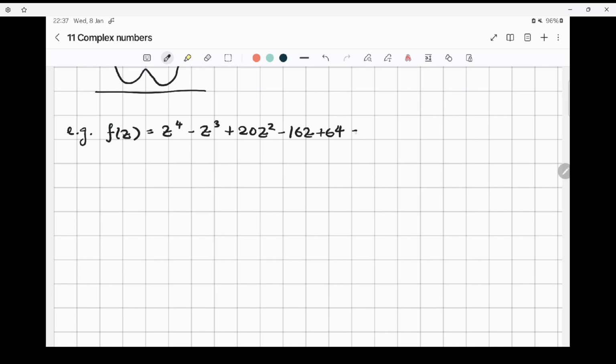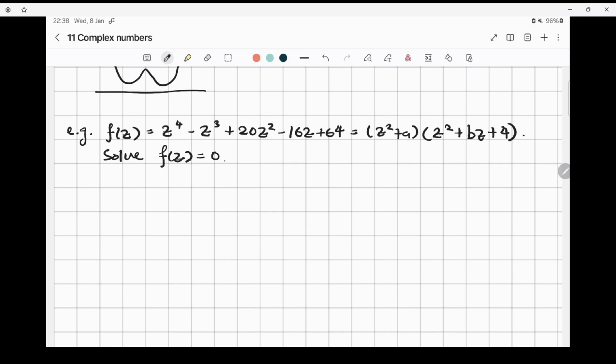So you are also given that this particular quartic equation can be broken down into (z squared plus a) multiplied with (z squared plus bz plus 4). And you want to solve when f(z) equals to 0.